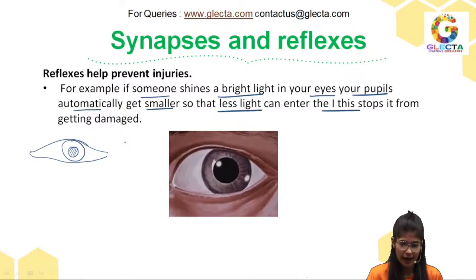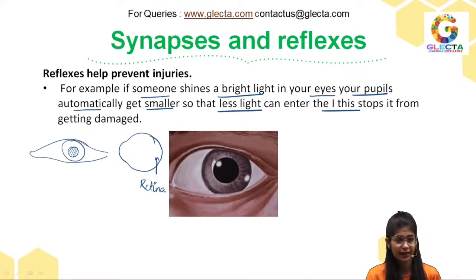If I draw the eye simultaneously like this, I told you this is the retina, and because my pupil is expanded, it is completely open. Say this is my pupil; a lot of light is going to enter my eye.